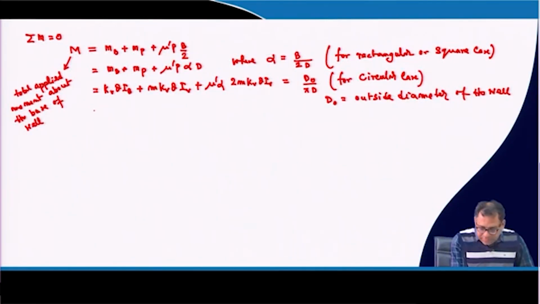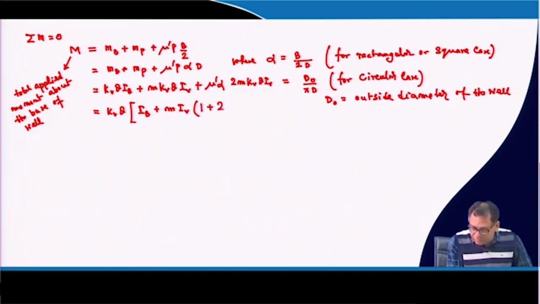Now, if I take kV theta common, then this will be IB plus m IV, then 1 plus 2 mu dash alpha, because this is also IV. So, IV m we have taken with kV theta, and 2 mu dash alpha.